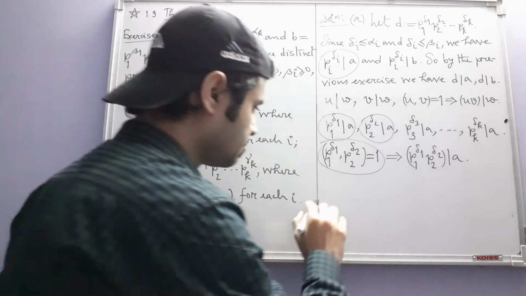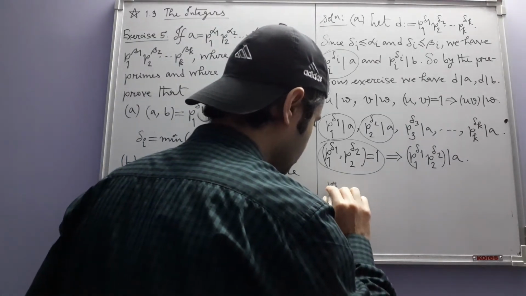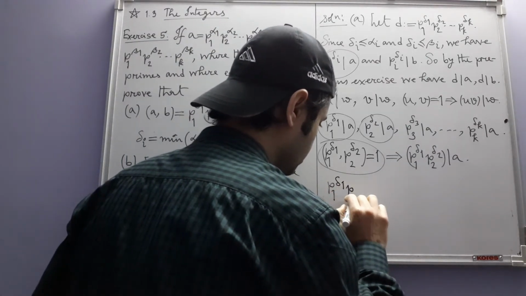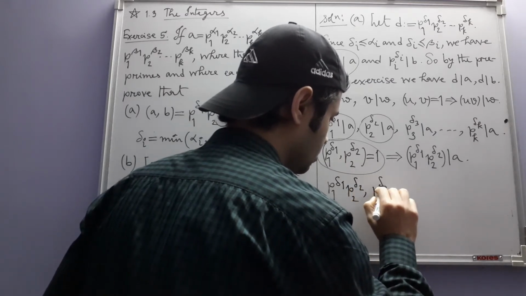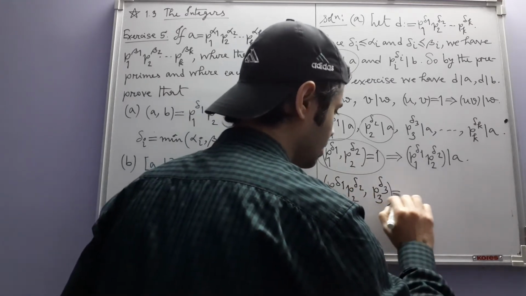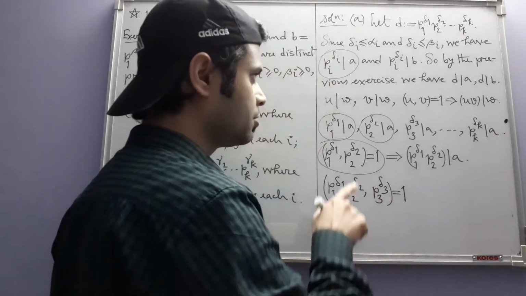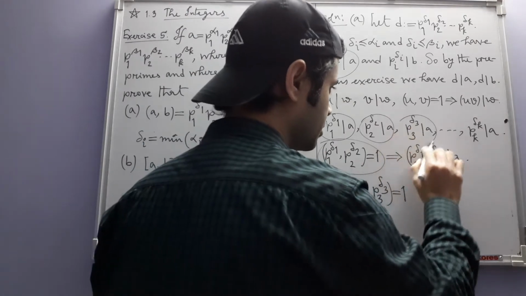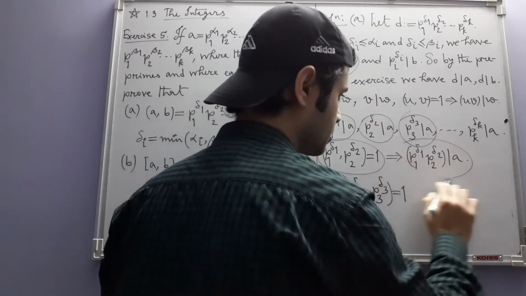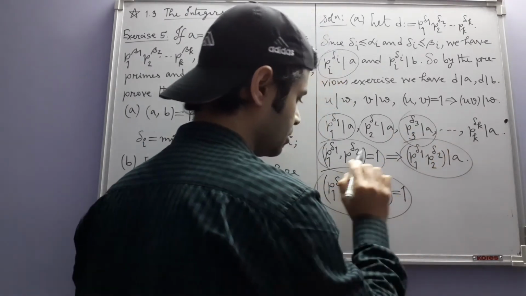So this product and this power are relatively prime. Now we make use of the previous exercise result on this relation and this condition.